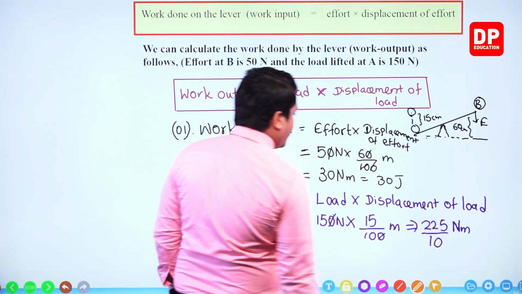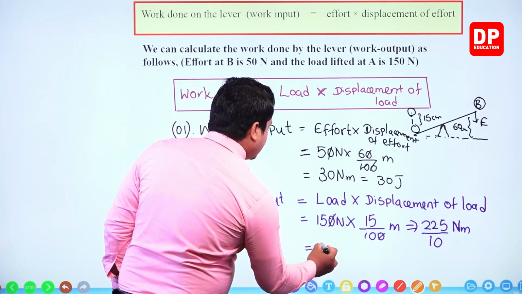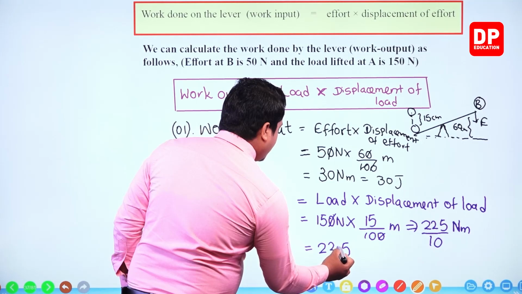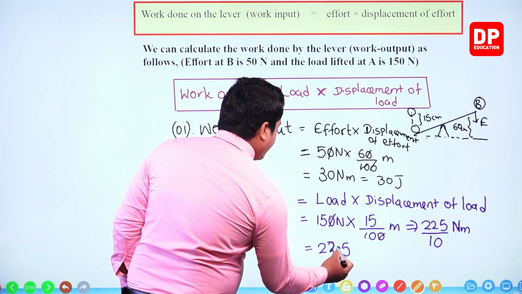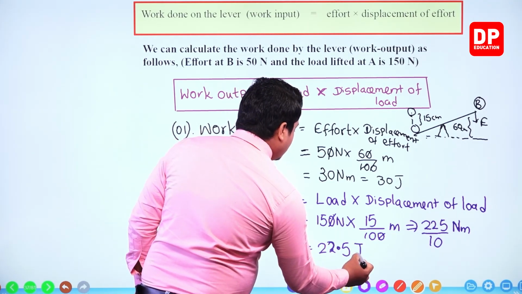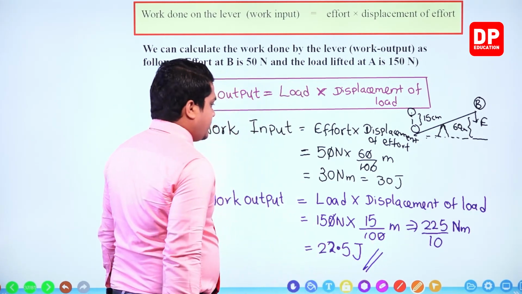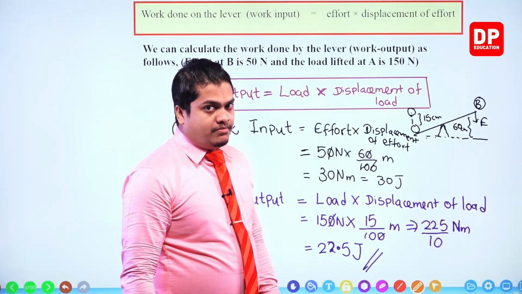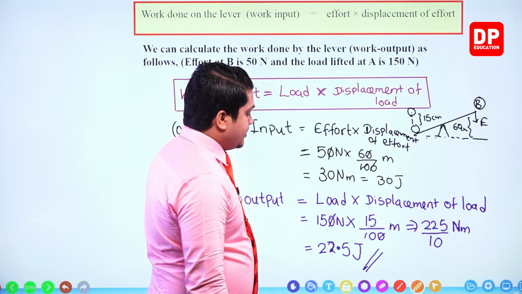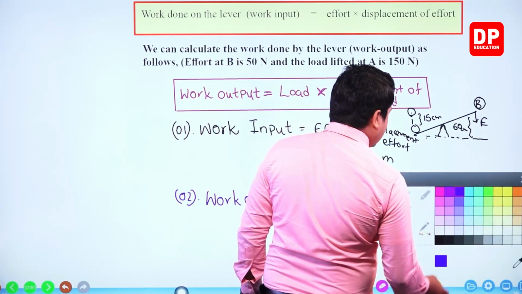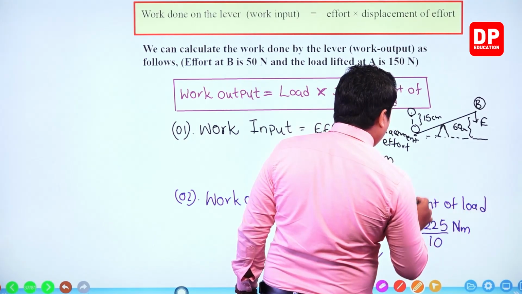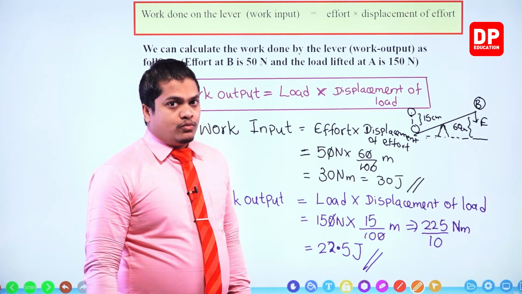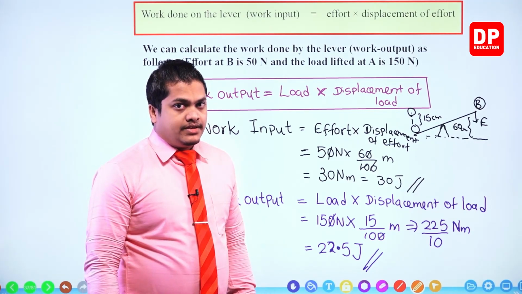So when you divide 225 by 10, you get the answer as 22.5, right? 22.5 joules, or else 22.5 Newton meters. So you get the work input as 30, then the work output as 22.5 within this lever.